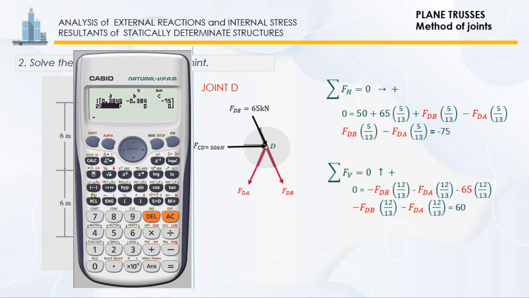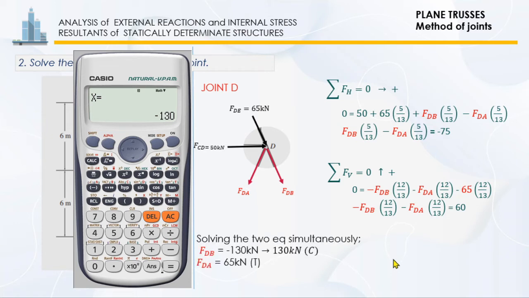Next, the second equation. So, we have negative 12 over 13, equals. Then, negative 12 over 13 again, equals. Then, 60, equals. Click equal. So, our x or our FDB, that is negative 130.